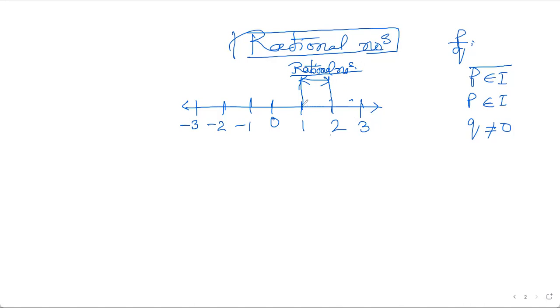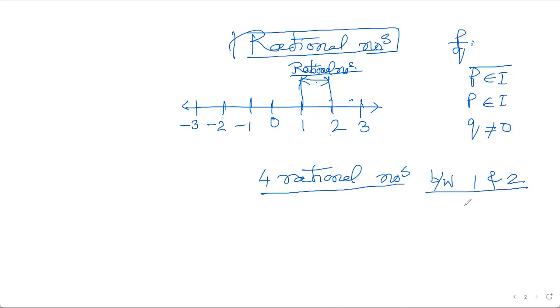But you have to find between those two numbers, 1 and 2, 4 rational numbers. Find 4 rational numbers between 1 and 2. And how to do it, I'm telling you.